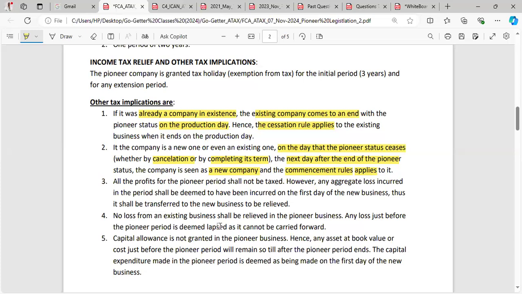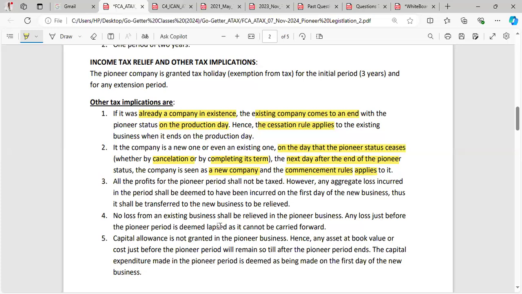Sometimes you will see a pioneer company and activities being talked about. Then after, you now see them bringing taxes and assessable profit and all that. You know that you are doing commencement of business because the pioneer would have ended and you would have started a new business.